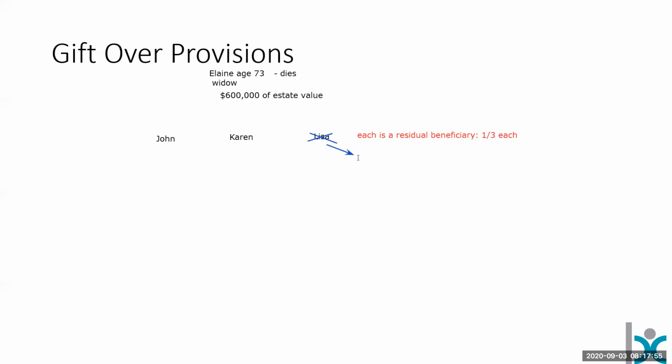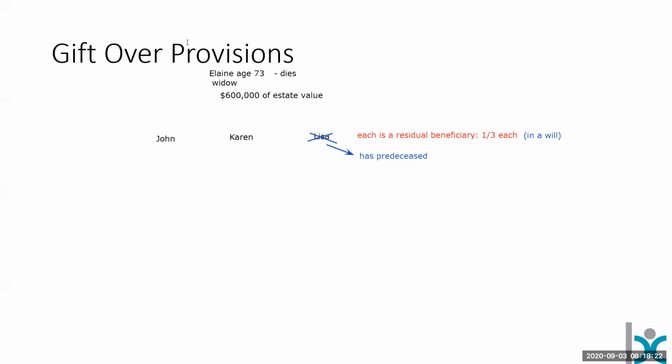It probably could happen through an intestacy, but we'll say she had a will. So then Lisa has predeceased. Now the question is, without Lisa here, what is going to happen to the gift that would have been left to Lisa?